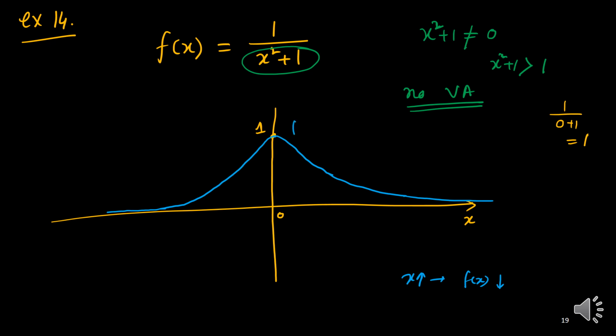This is the function f of x equals 1 upon x square plus 1. The main concept is that there is no vertical asymptote. That is important. I think you have got the concept of vertical asymptote.